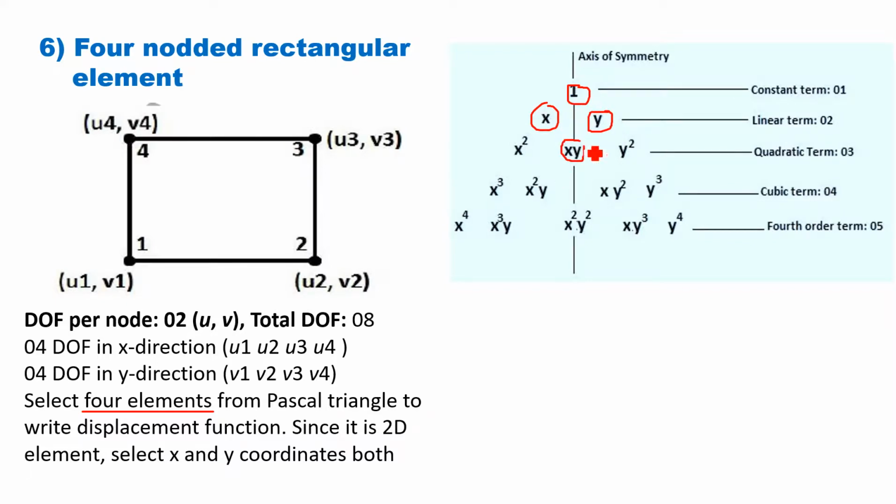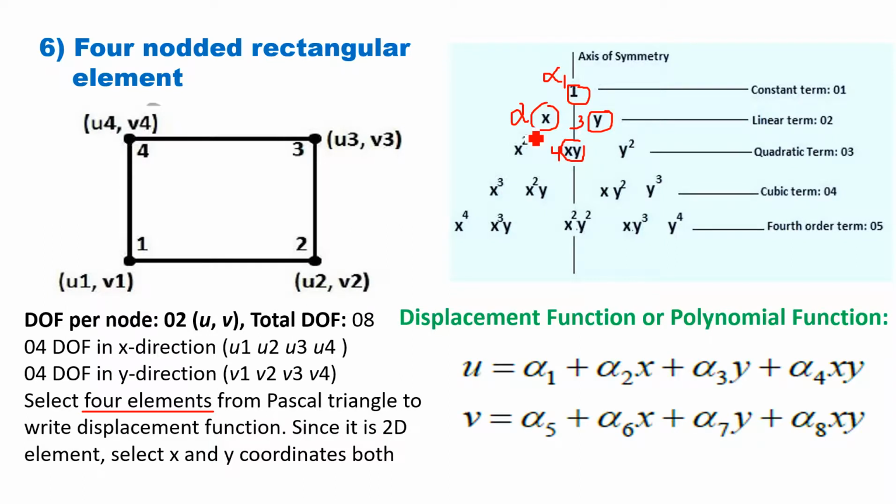So these 4 elements will be multiplied with the 4 generalized coordinates alpha 1, alpha 2, alpha 3 and alpha 4. And if you add these together, that will be the displacement function, which is alpha 1 into 1 plus alpha 2 x plus alpha 3 y plus alpha 4 xy. Now since the same 4 degrees of freedom are in the y direction, v1 to v4, we have to select again 4 elements from the Pascal triangle.